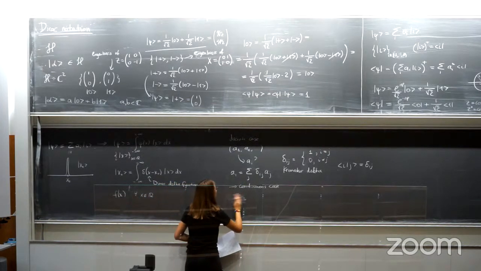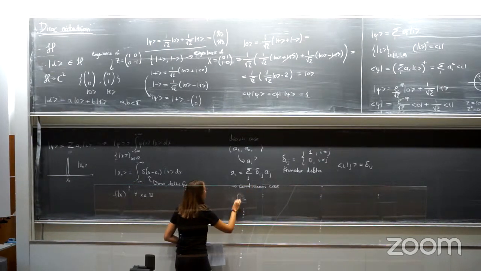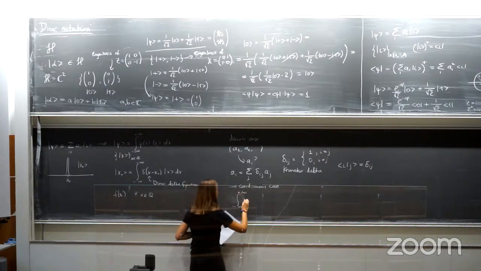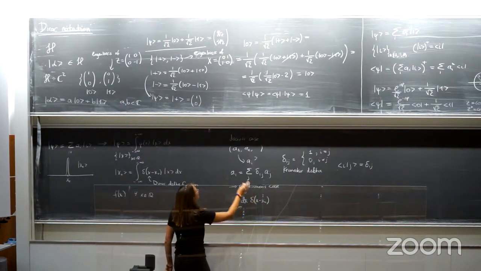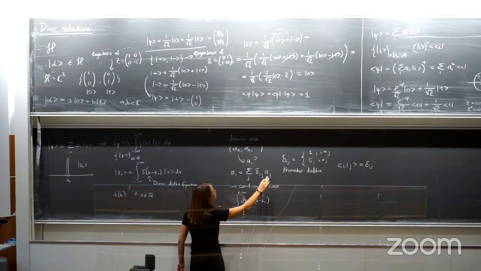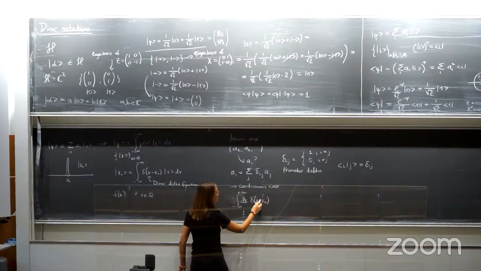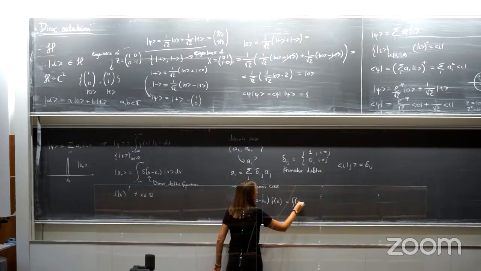Let me start by writing out the right-hand side of this: the integral from minus infinity to plus infinity, dx, delta of x minus x0, f of x. This is the same as the Kronecker delta, but for the continuous case, when we want to select out x0. That singles out the value of the function at the point x0.